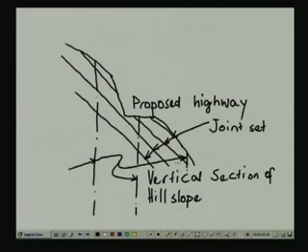So, we need to have a set of boreholes laid out in this manner, and then we can easily find out the elevations of a particular bedding or a particular joint from the drilling information from these boreholes, and then we have a better picture of the dip of the joint set in a direction perpendicular to the proposed highway.